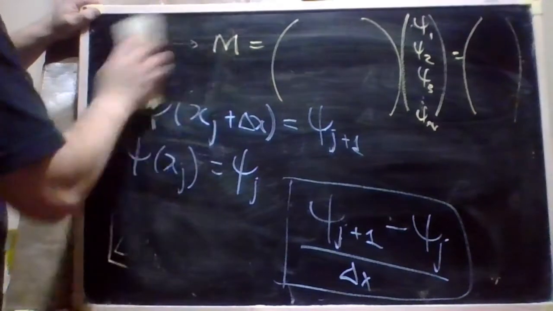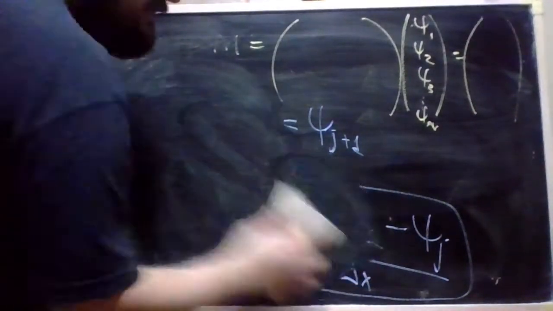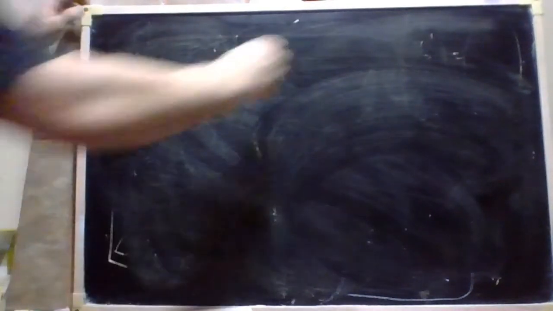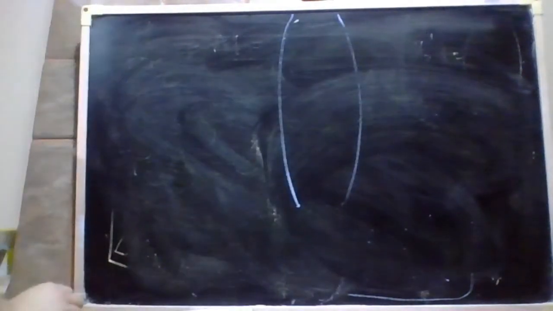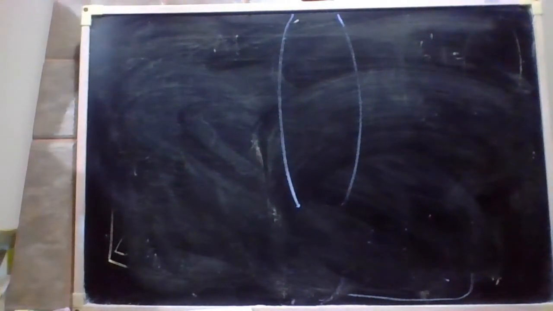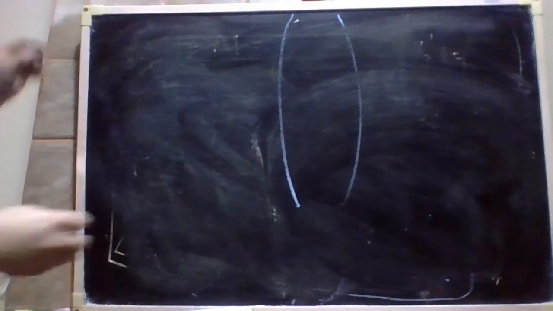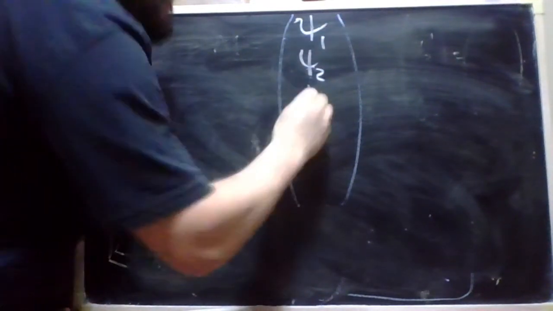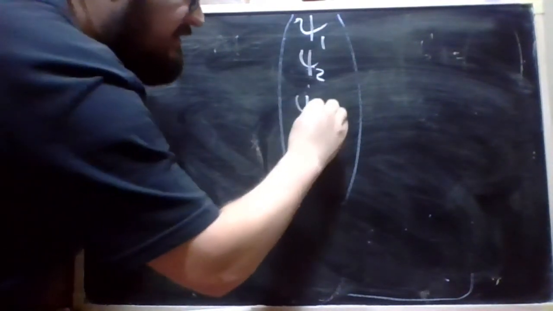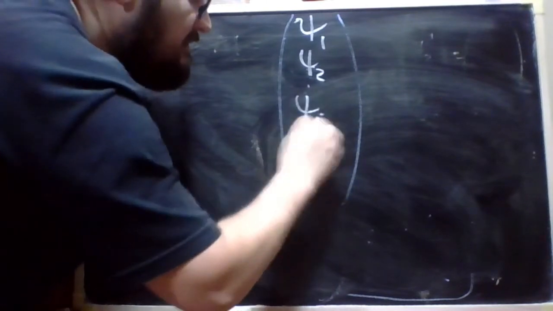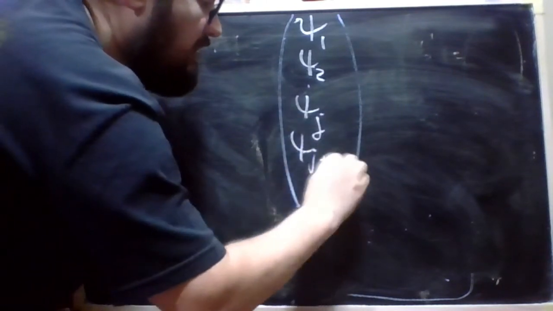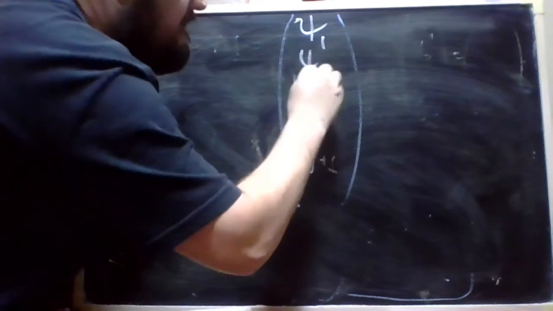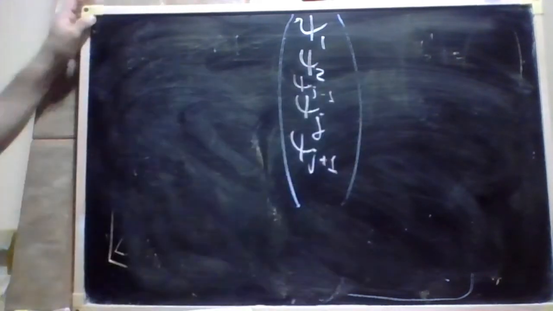Notice that in the state vector psi 1, psi 2, I look exactly at the psi j plus 1 to calculate, and here I have the psi j minus 1 and all that.